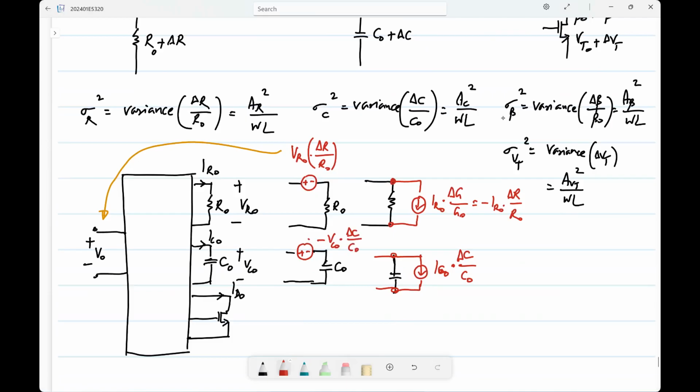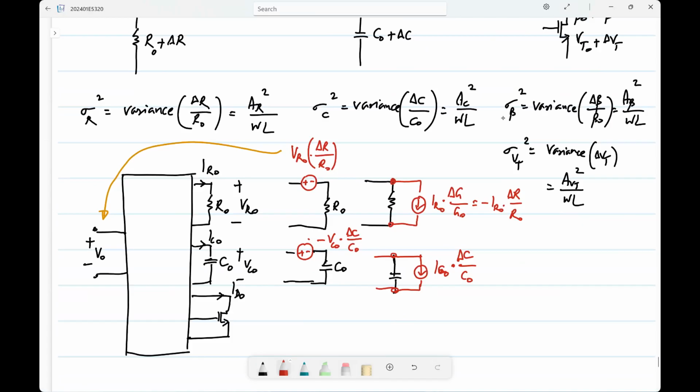Okay. You can use any of them, and just to be correct, I am showing all these signs. When you are only calculating the effect of mismatch on a single output from all these different components, the mismatch from different components will be uncorrelated. So these plus and minus signs don't matter. But of course, just as a good practice, make sure that you get these signs correct.